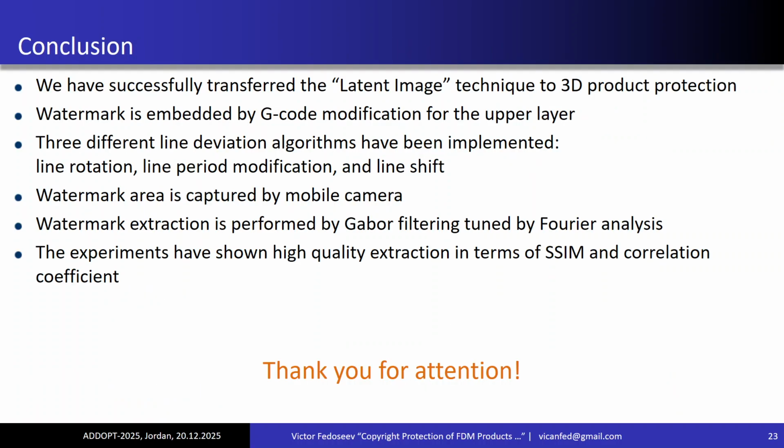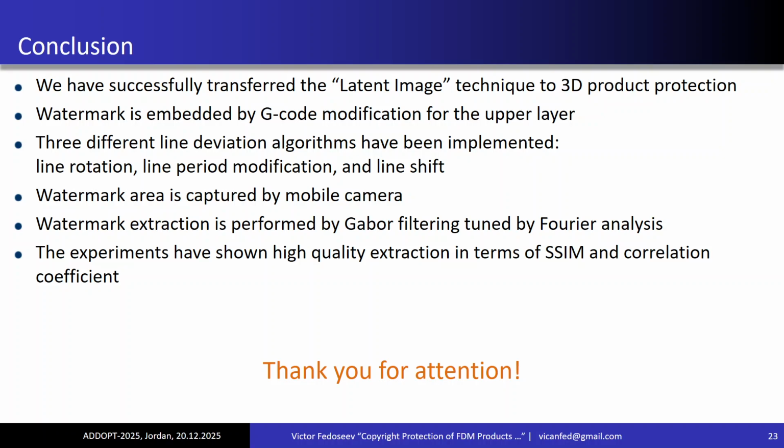In conclusion, we have successfully transferred the latent image technique to 3D product protection. The watermark in this technique is embedded by G-code modification of the upper layer. Three different line deviation algorithms have been implemented: line rotation, line period modification, and line shift.